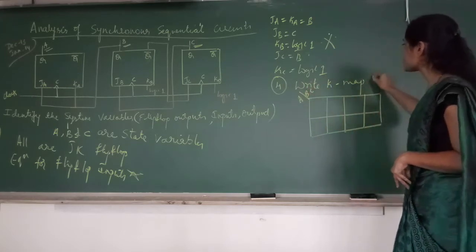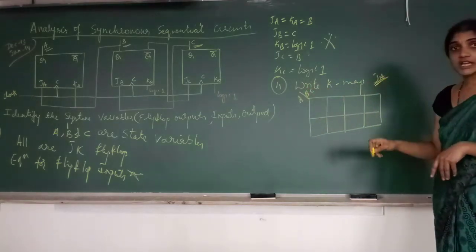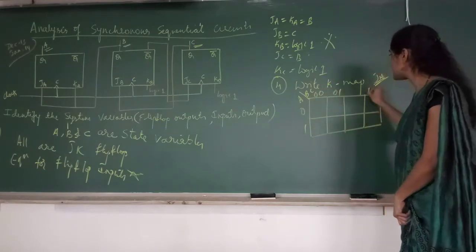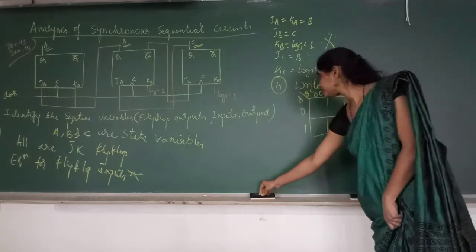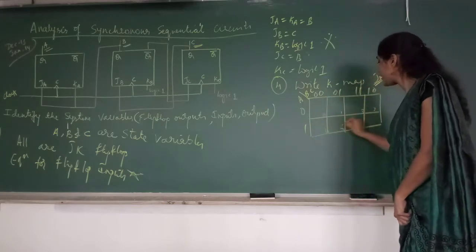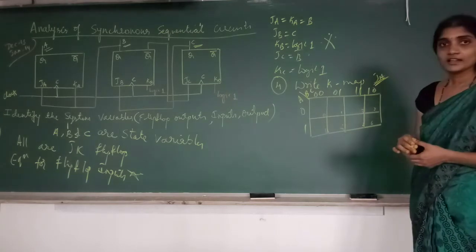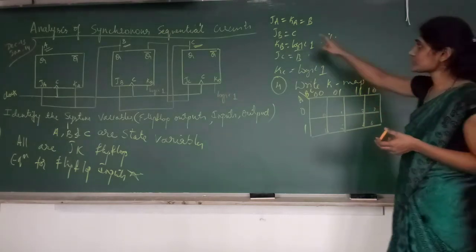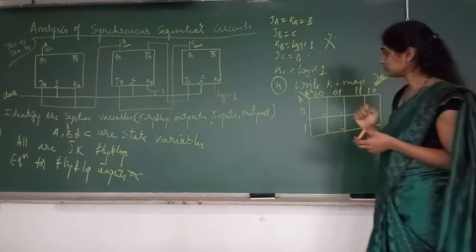We are writing the K-map for JA. So 0, 0, 0, 0, 1, 0, 0, 0, 1, 1, 0, 1, 1. So this is 0, 1, 2, 3, 4. Looking at the equation, how do you write the K-map? What is the equation I should get for JA?